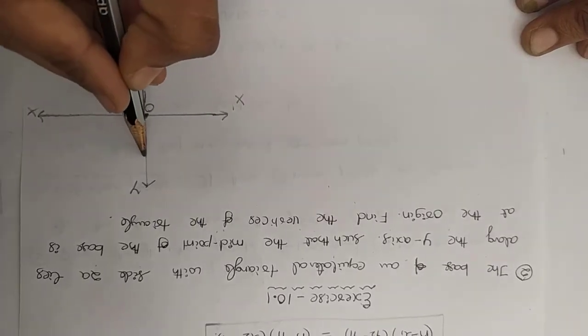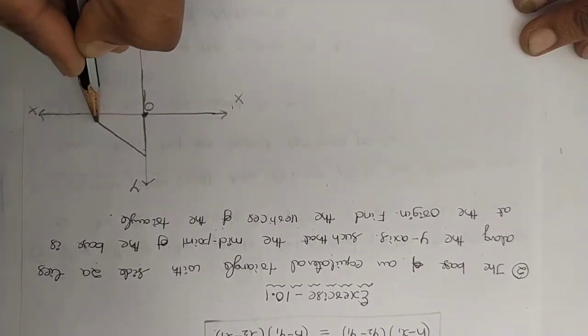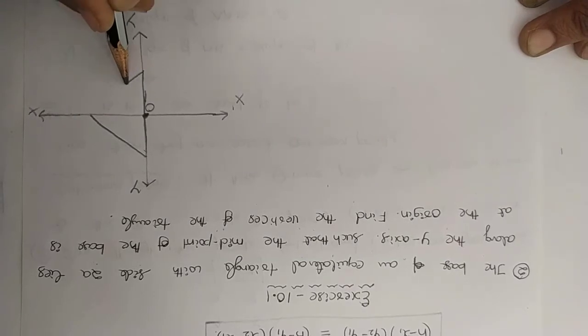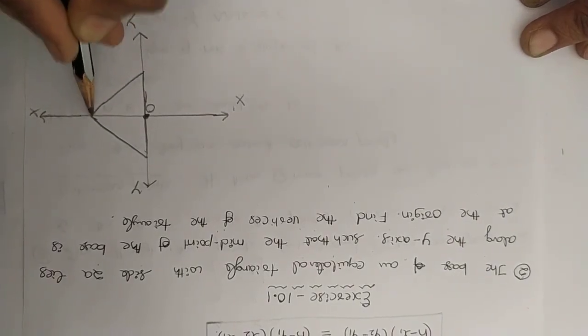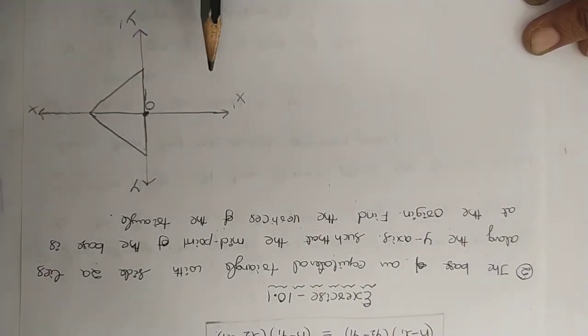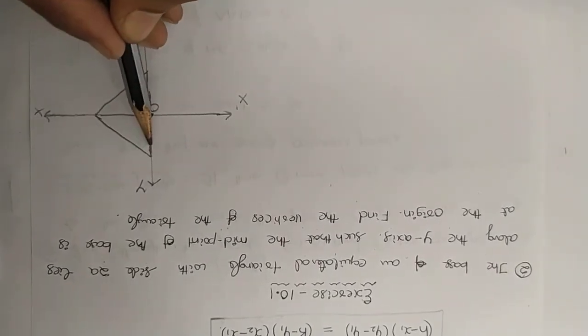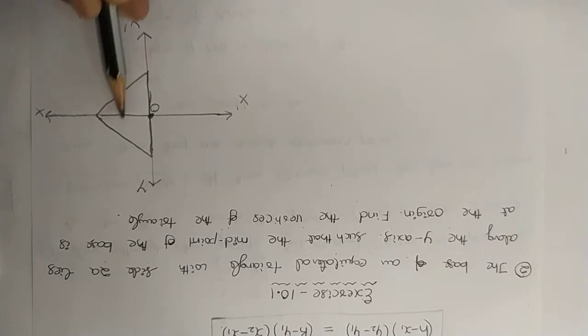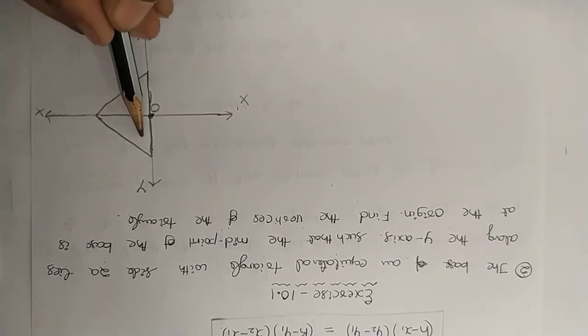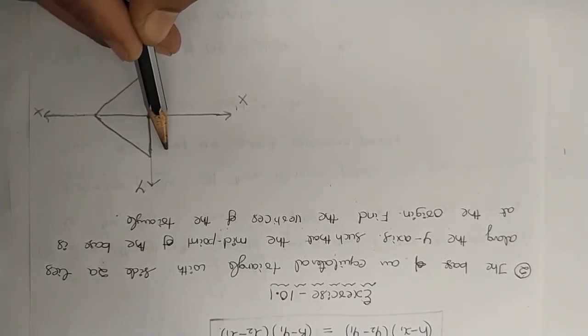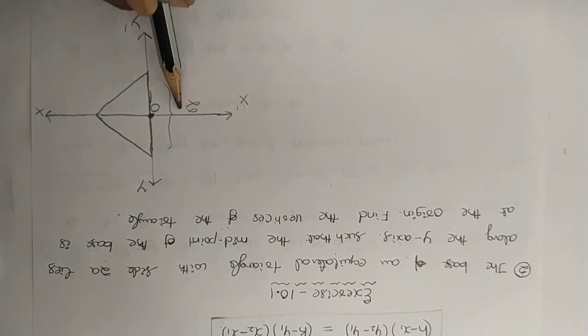Find its vertices. See, you just imagine a figure. This is the base of the equilateral triangle with the side 2a. This side is what? 2a.